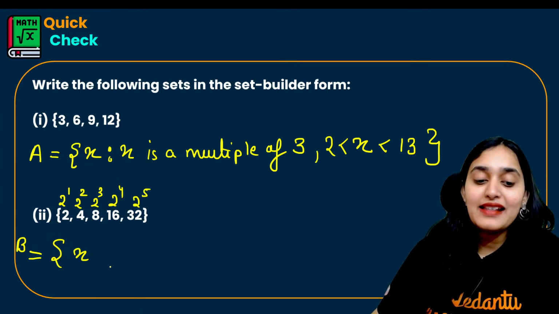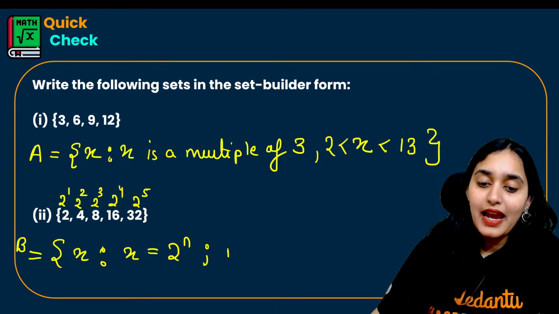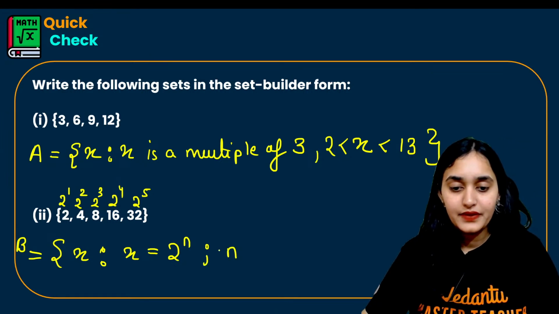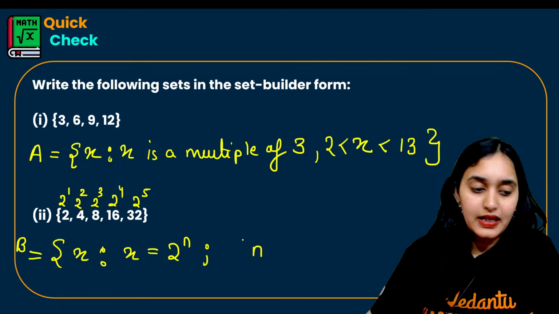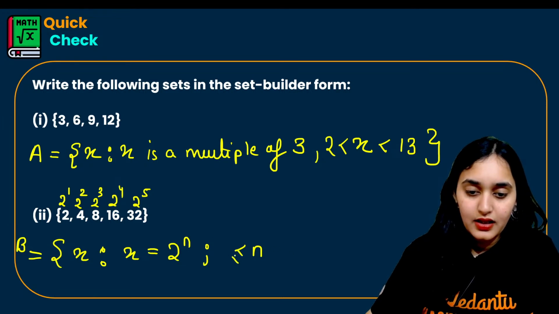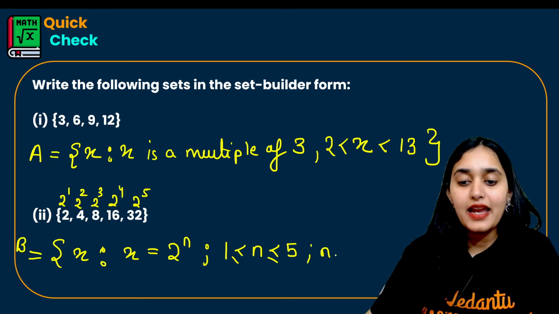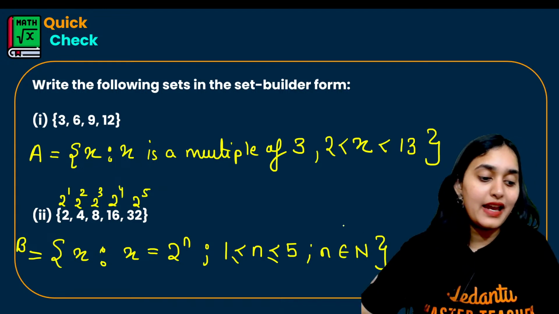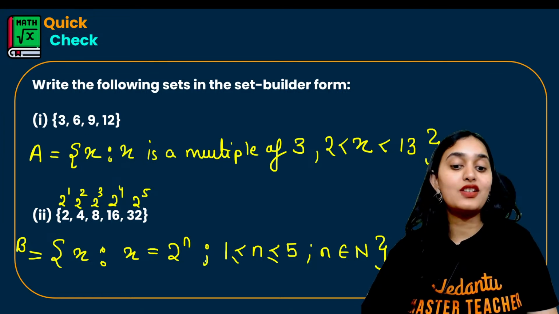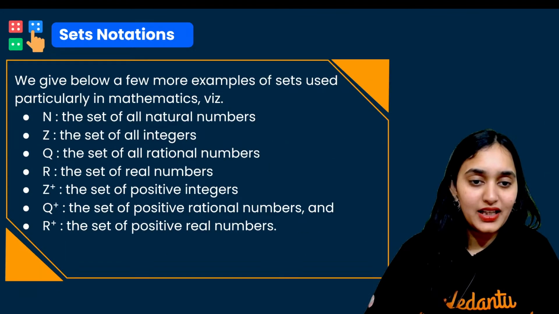So set B has element x such that x is 2 to the power n, where n is greater than or equal to 1, less than or equal to 5, and n is a natural number. Very good, Malvika. Absolutely right. The relationship is x is 2 to the power n. Alright. Clear to everybody? Okay.